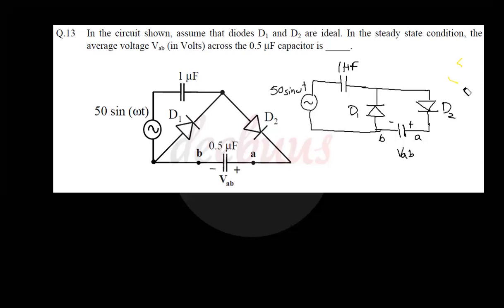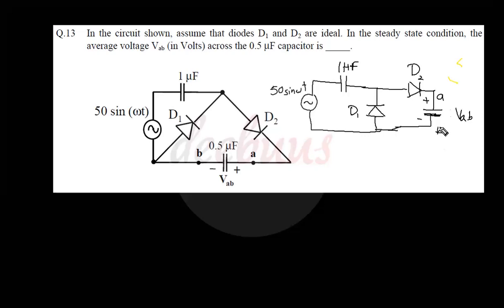I am again redrawing the circuit into a much more familiar form. I am drawing this diode D2 here, and a capacitor is here, and marking A B, VAB, plus and negative.